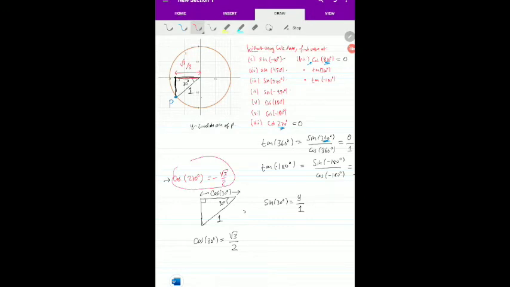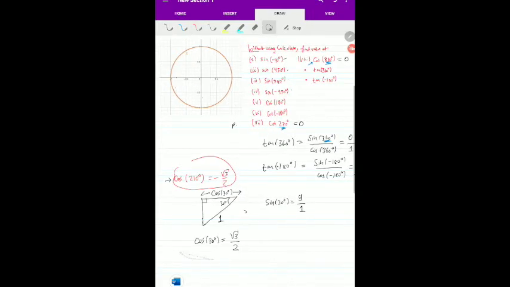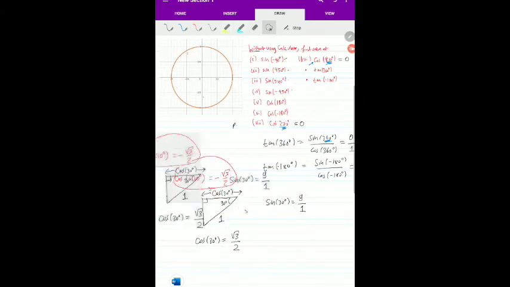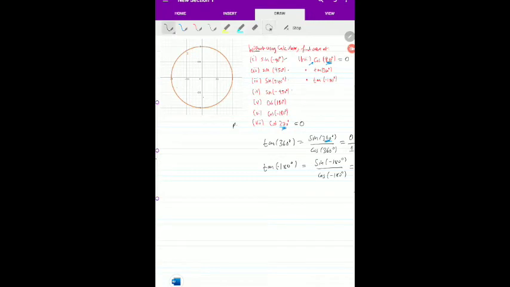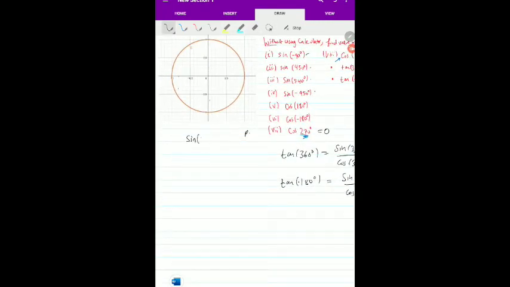Okay, let's do another example. Let's say I want to know what sine of, I don't know, 300 degrees is. What is sine of 300 degrees?